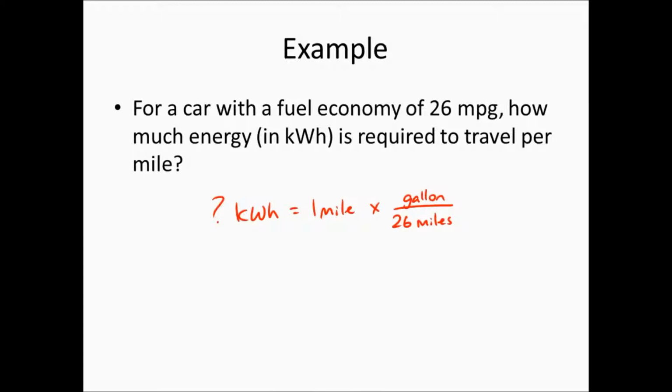So what I'm trying to set up here is that you divide 1 gallon by 26 miles, and then we know from the previous discussion that there is 37 kilowatt hours of energy per gallon of petrol, and we come out to a number of 1.4 kilowatt hours.